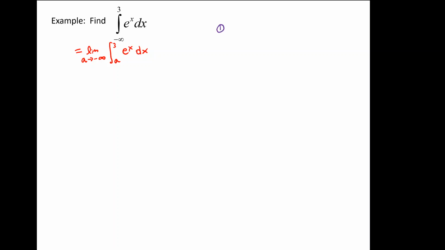So step 1, capital F of x is the integral of e to the x dx, which is just e to the x. Step 2, evaluate on the bounds. So that would be capital F at the top bound, so capital F of 3, minus capital F of the bottom bound.